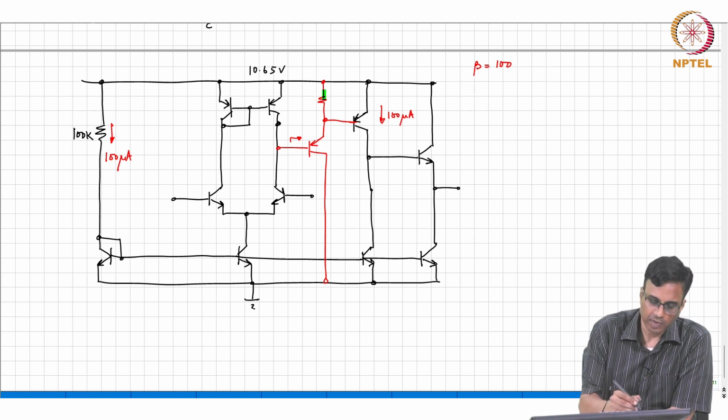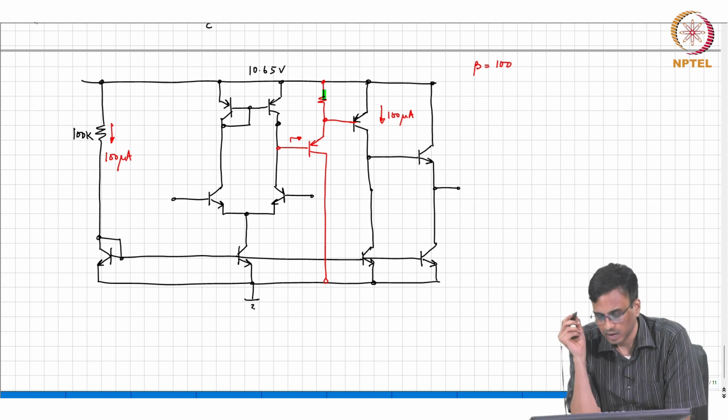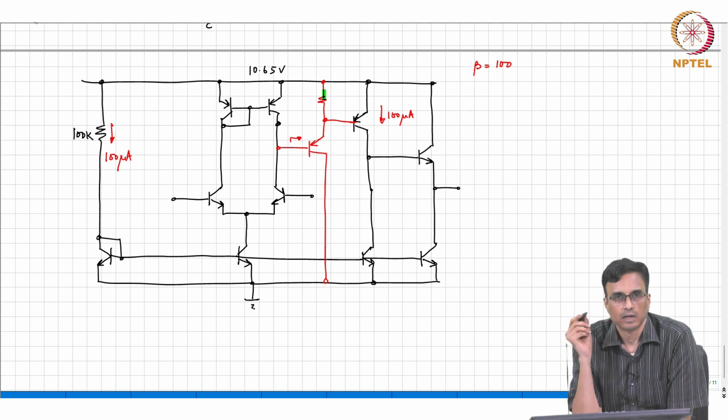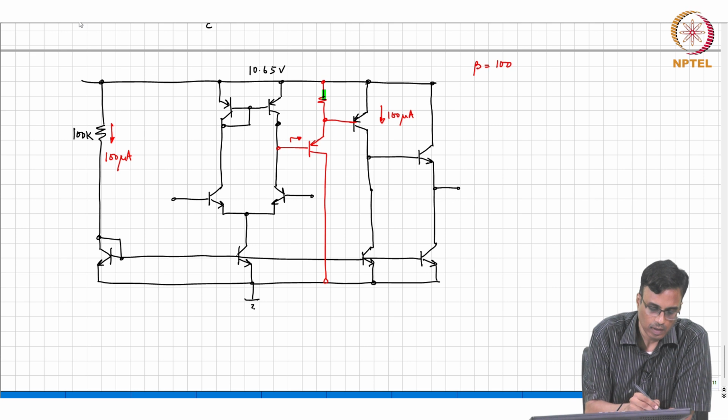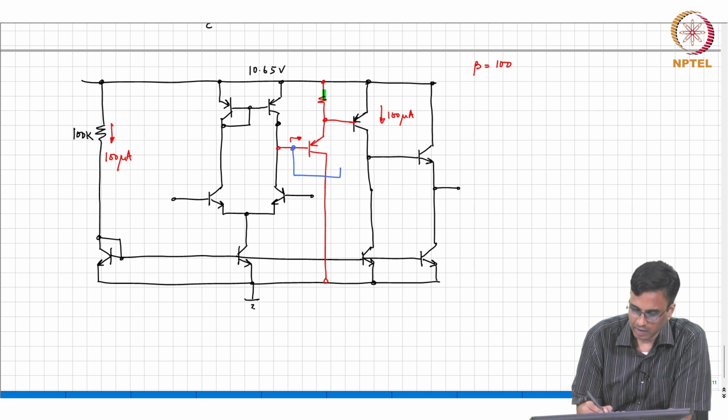And now, if you want to Miller compensate the system, what do we do? Yeah, so you could add a CC here.